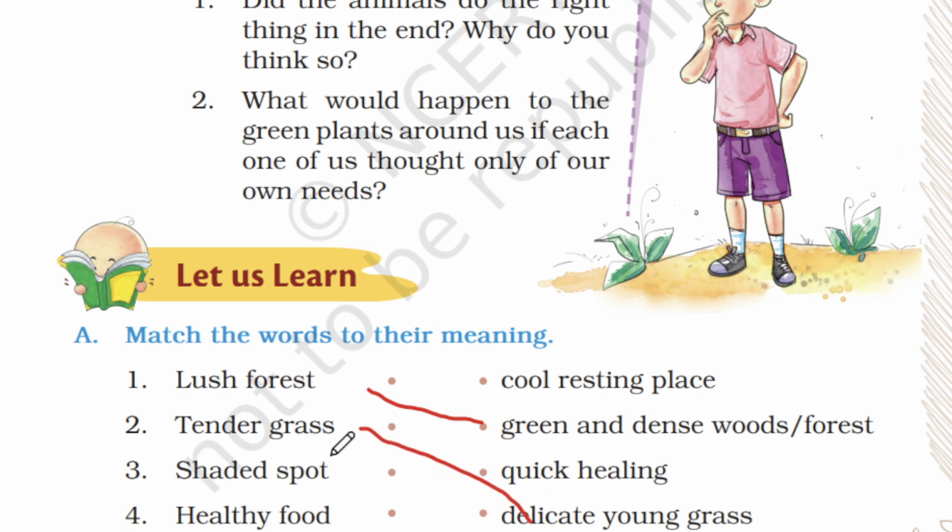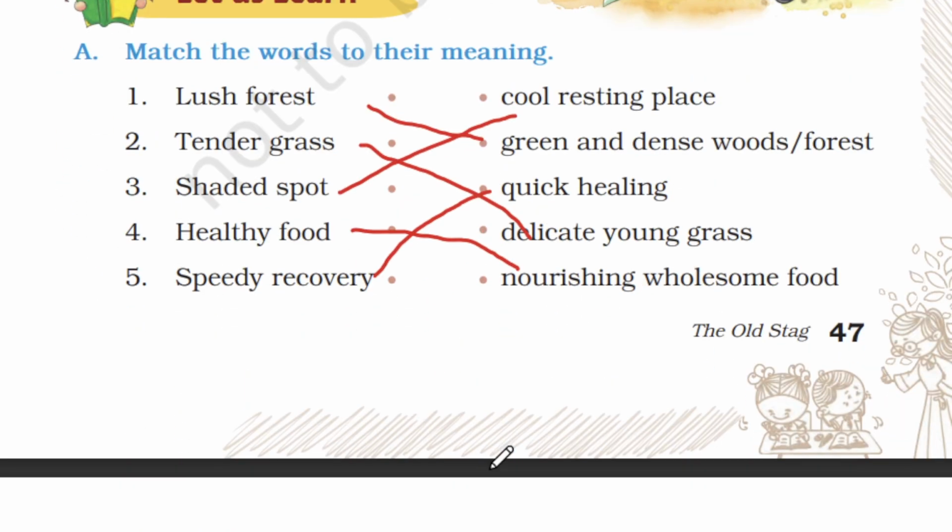Okay, this one, shaded spot. It's a cool resting place. Healthy food. Nourishing, wholesome food. Speedy recovery means quick healing. Okay. So again, lush forest means green and dense forest.